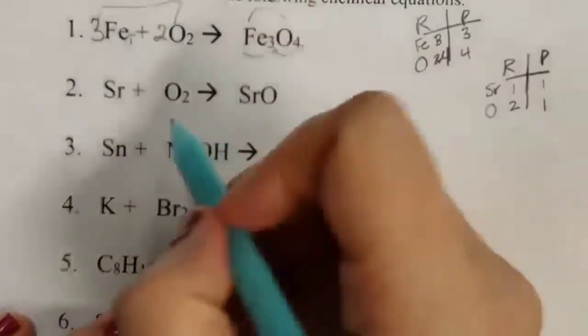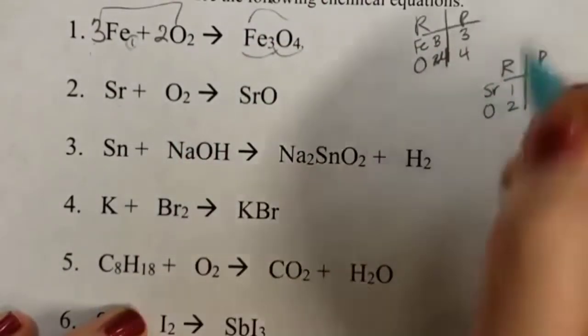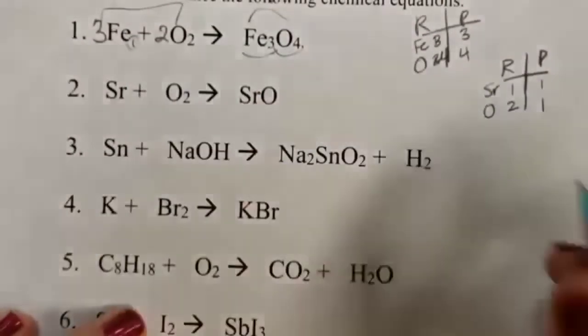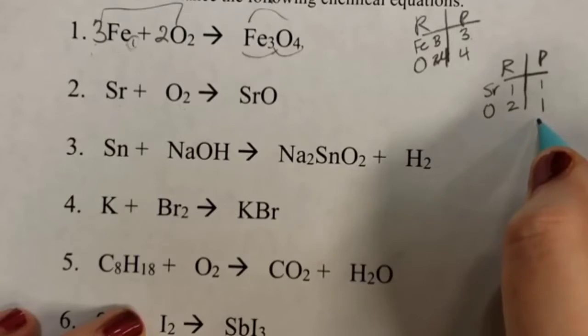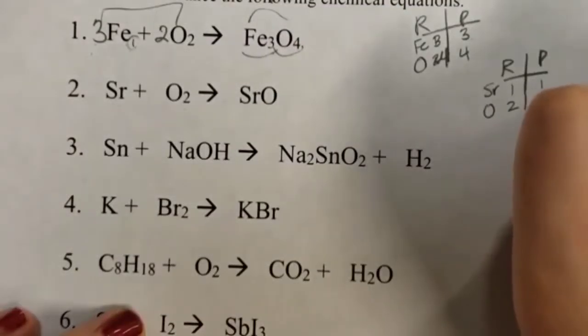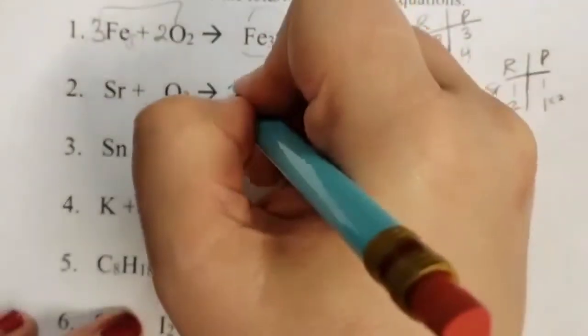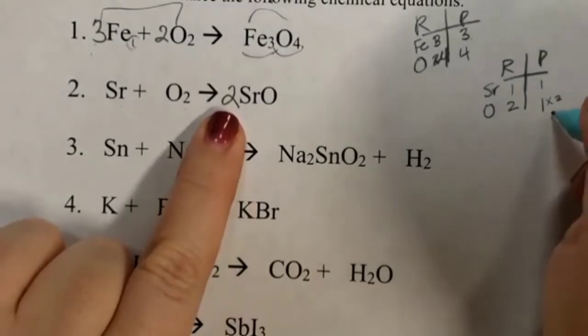Again, you're just looking at the subscripts and writing reactants and products. These are not even, so if we multiply this times 2 on the product side, now we have 2 oxygen.